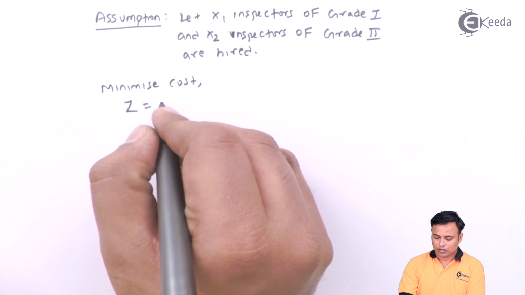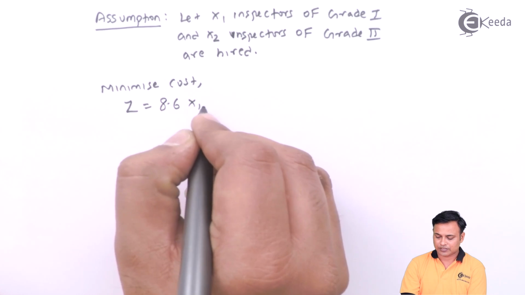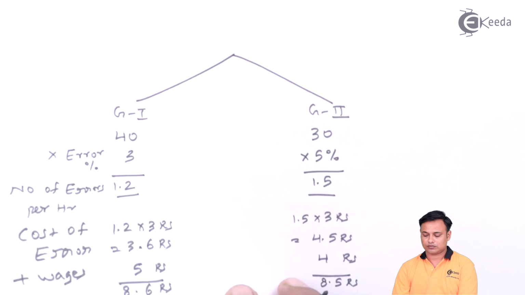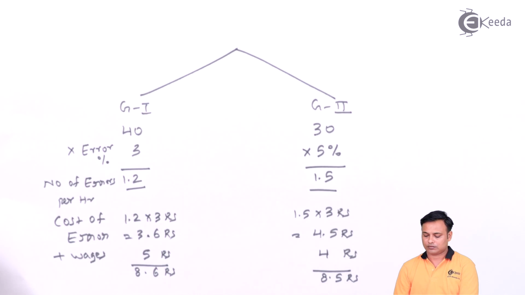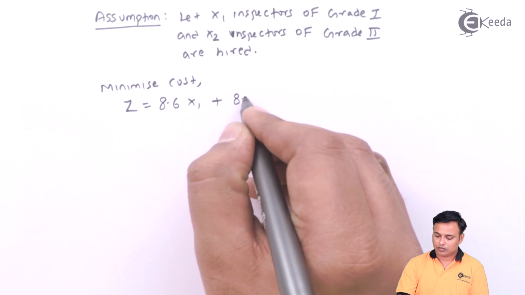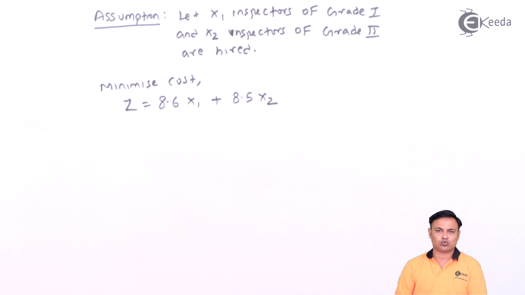So 8.6 multiplied by x1 plus 8.5 into x2.